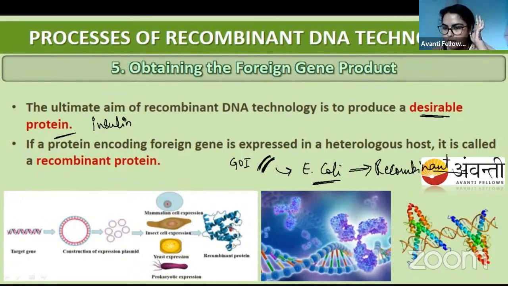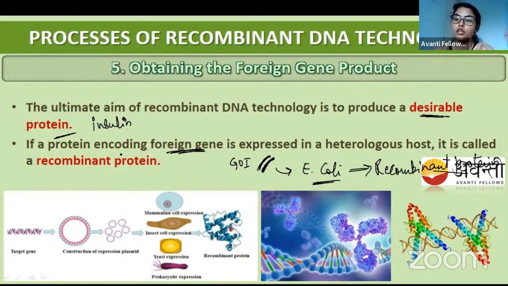So don't take tension here, there is nothing to worry about. Let me repeat it once again. So what happened? We have introduced the foreign gene which has the protein encoding information.